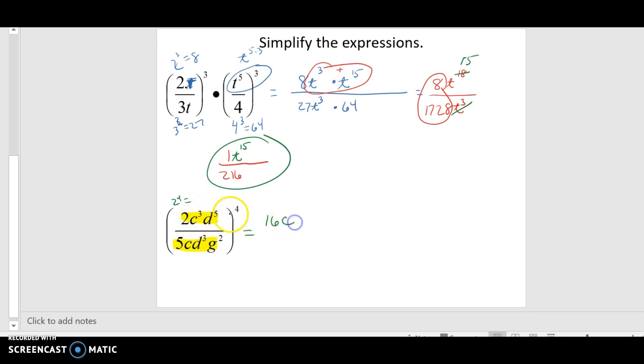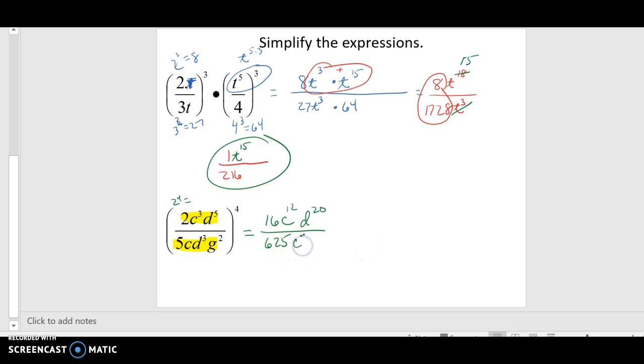So c to the 3 times 4 is 12. D to the 5 times 4 is 20 over 5 to the 4th. It's going to give me 625. It's because 5 times 5 is 25, times 5 is 125, times 5 is 625.